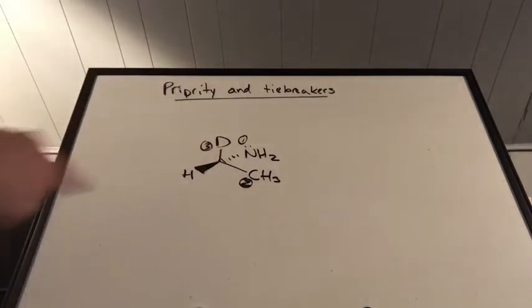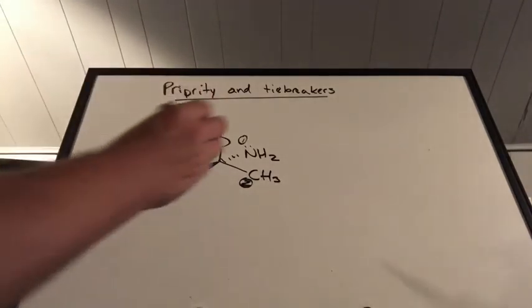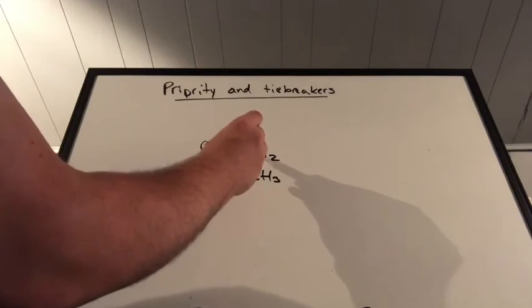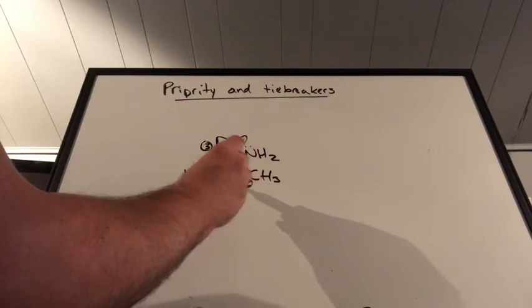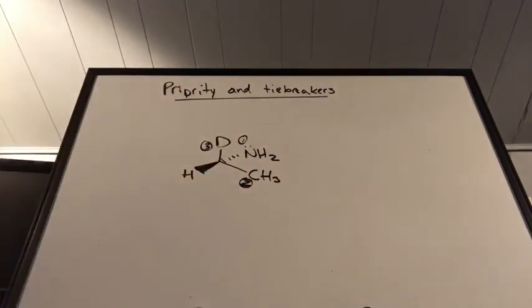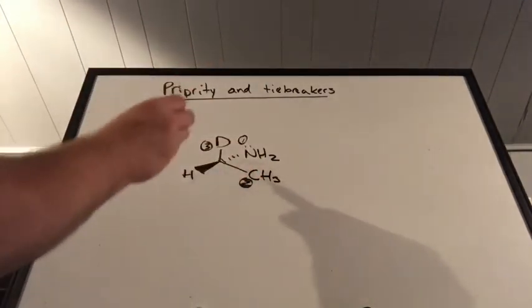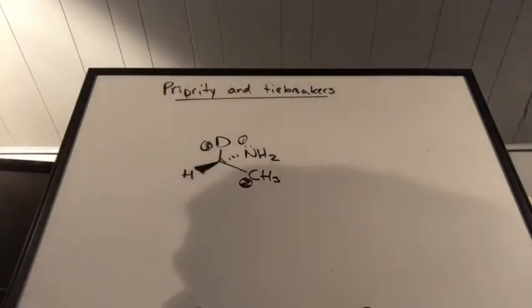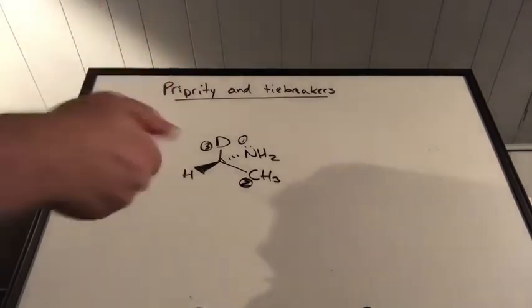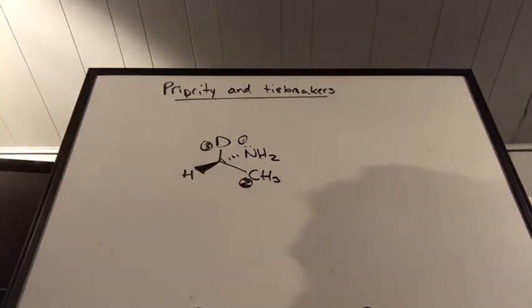But let's just do it as it's depicted here. So we'll have NH2 first, followed by CH3, which is second, followed by D, which is third. As we're looking at it, it looks like R, right? So rectus, or right-handed, or clockwise.